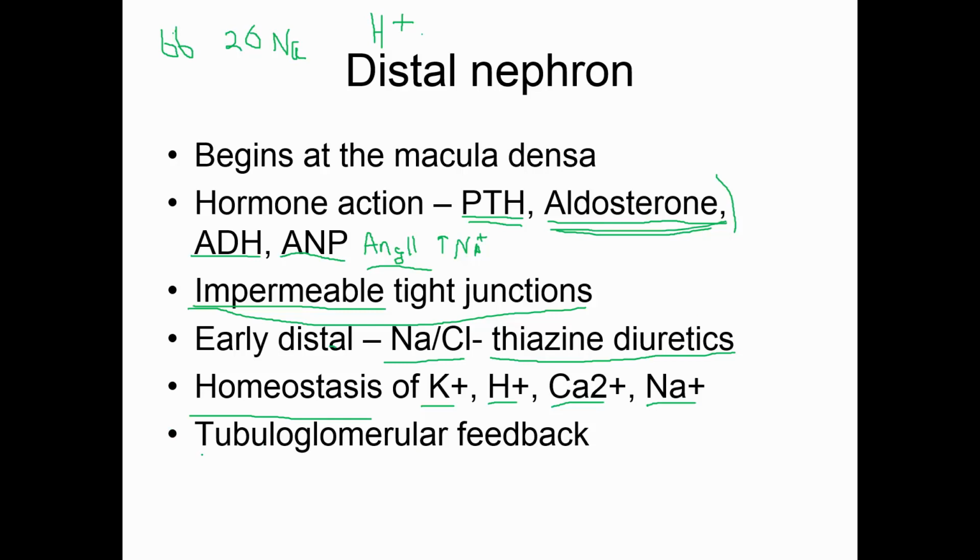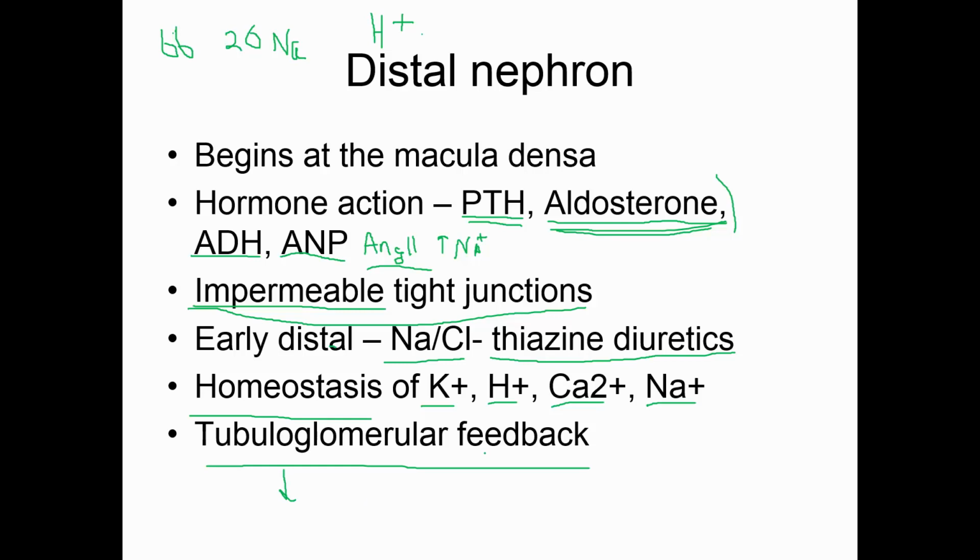Also remember that beginning at the distal tubule is the macula densa, and the macula densa can tell the afferent arteriole about sodium chloride load at the macula densa. If the load is low, it means the GFR is too low, and we want to dilate the afferent arteriole to get the GFR back up.